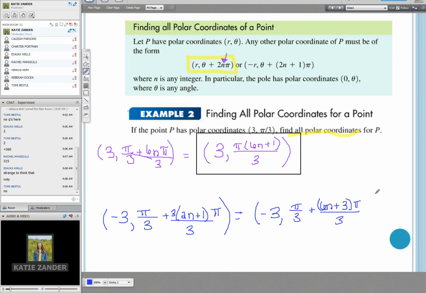And if I want to, I can combine those two fractions there. I can take out the pi again, but I'll be left with 1 plus 6n plus 3 all over 3, which technically will just be our 6n plus 4 on the numerator there.